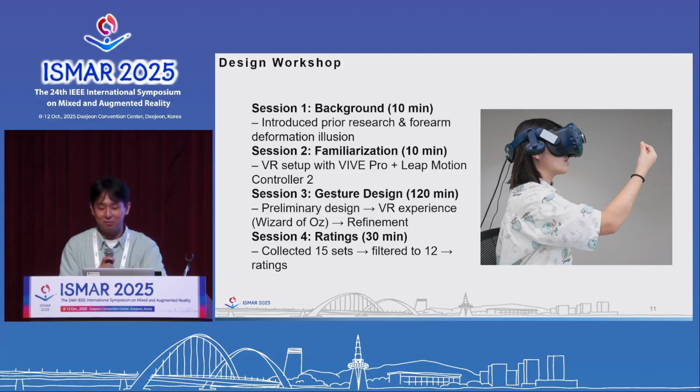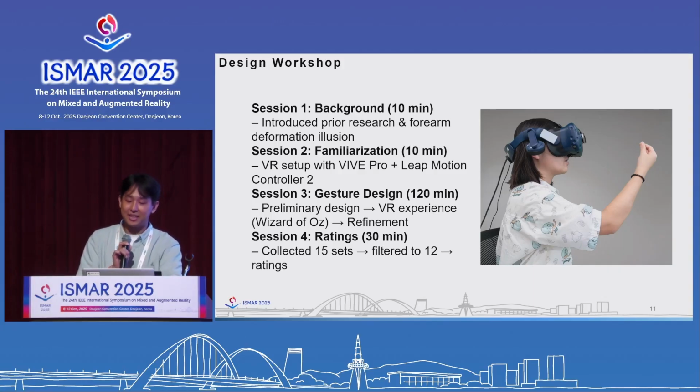Designers brainstormed gestures in pairs, tried them out in VR using a Wizard of Oz setup, and refined their ideas. And finally, we collected all the gestures, 12 sets, and had the designers rate them. From there, we selected and implemented the top 3 gesture sets for our study.